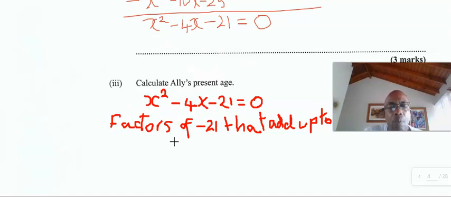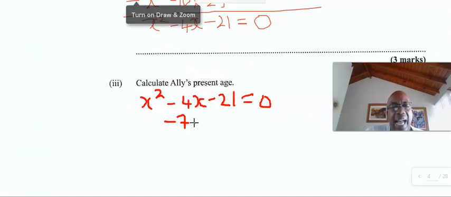And since when you add the 2 factors you must get negative 4, it is minus 7 and plus 3. Minus 7 plus 3 is minus 4, and minus 7 times plus 3 is minus 21. So we have our two factors.